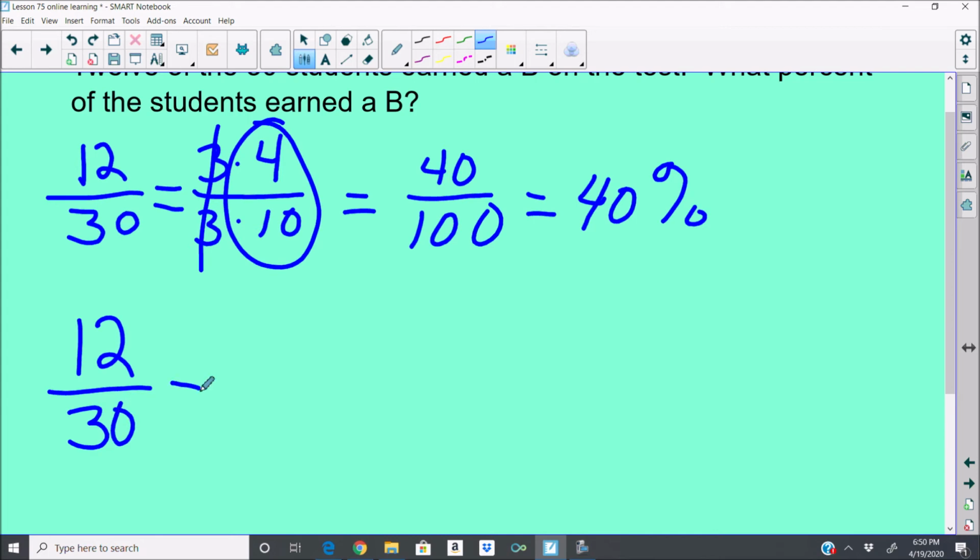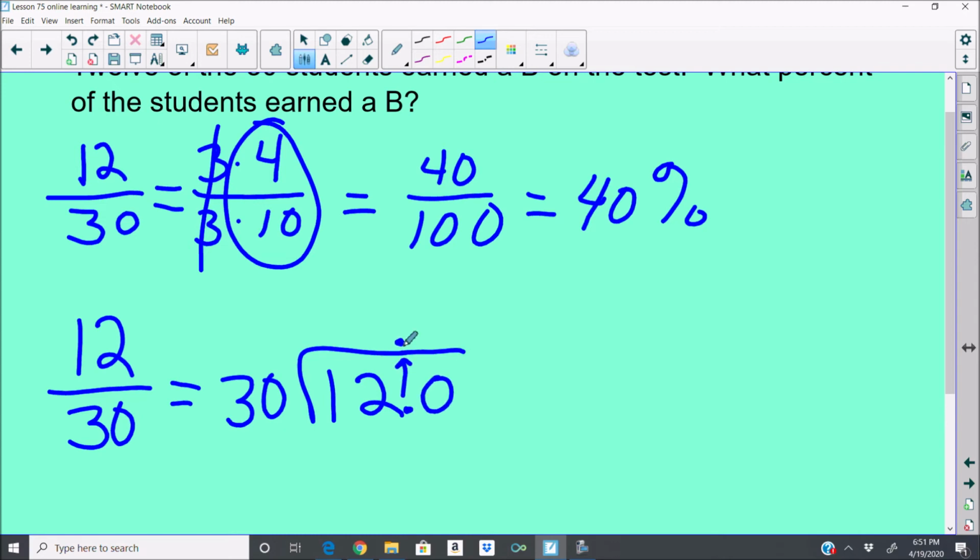And in that lesson, we talked about the fact that the fraction bar is like a dividing sign, okay? So what we have here, 12/30 would be 12 divided by 30, right? That's what that fraction bar represents. And that's going to get us into a decimal number.